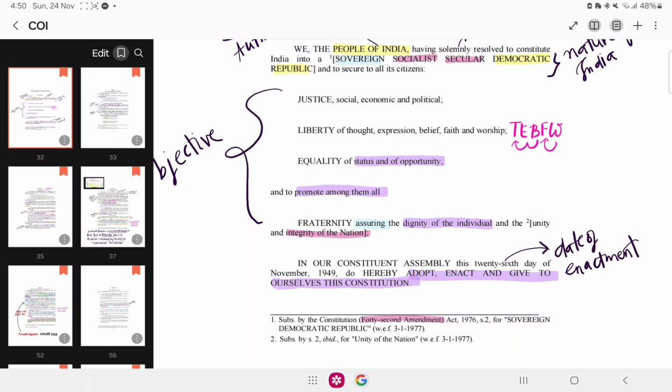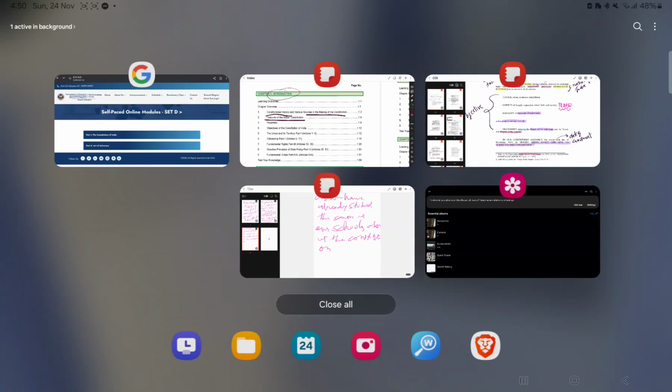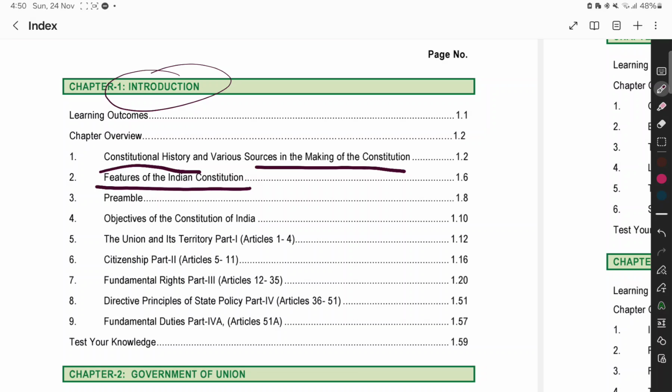In our Constituent Assembly, this 26th day of November, do hereby adopt, enact and give to ourselves this Constitution. So that is a brief about the preamble, and we are going to discuss in further videos all those technical words which have been introduced in it.